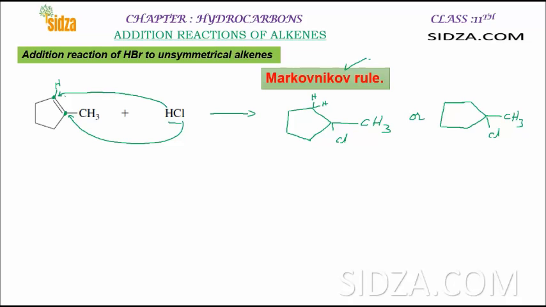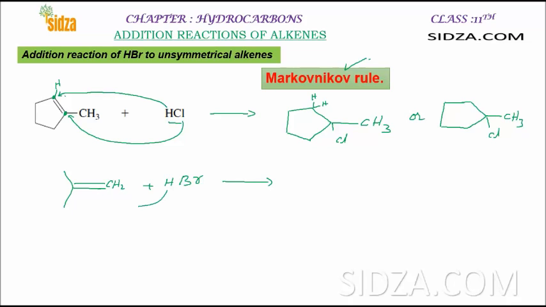So let's take another example here. If we have a double bond, and when you add HBr here, as per Markovnikov's rule, hydrogen will go to the double bonded carbon which has more hydrogen atoms. You actually have the CH2 here, right?